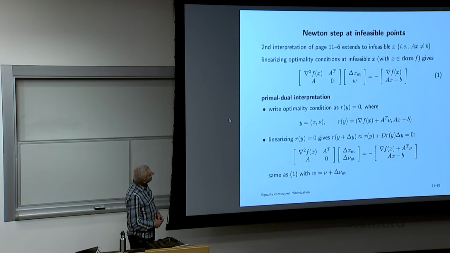Okay. Aha. So now we're getting to something related to something you'll do in your homework, the so-called infeasible start Newton method. What it does is a simple extension. Before we assumed that x was feasible, and so Ax minus b was 0. Now this just says, well, suppose it's not 0. What is the Newton step?